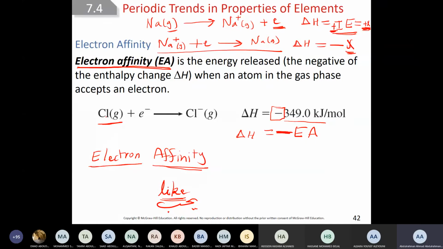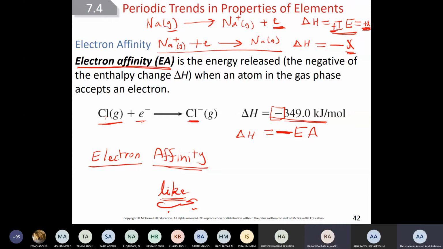So let me ask you a simple question. What's delta H for Cl gas plus electron goes to Cl minus? Negative 349. Good. What's the electron affinity for chlorine gas to take an electron to go to Cl minus?